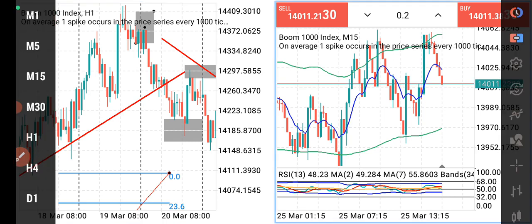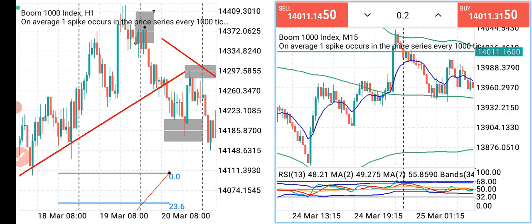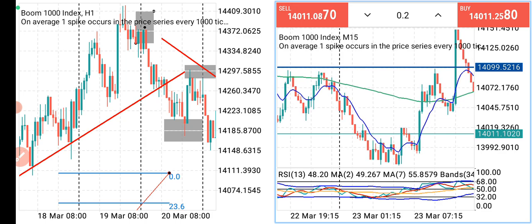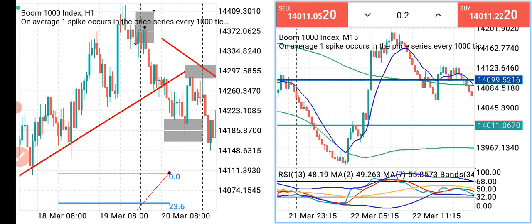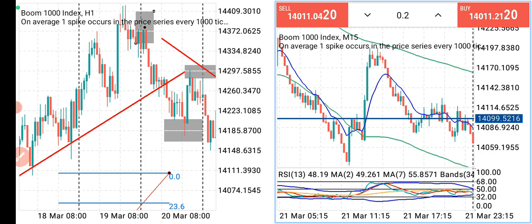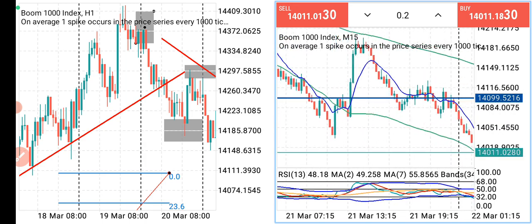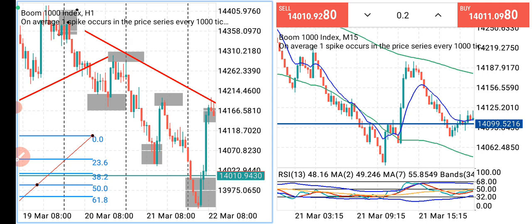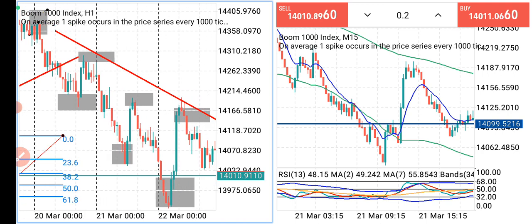right? This is the Boom 1000 chart now that I just brought up. Okay, I want to take you back. You realize if you come to that point, look at it on the 22nd.